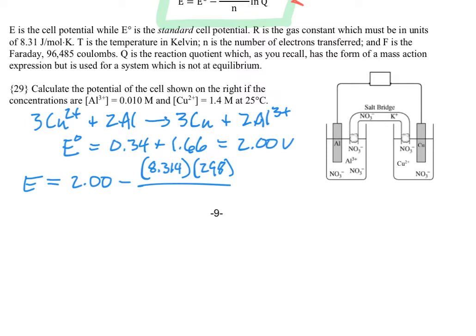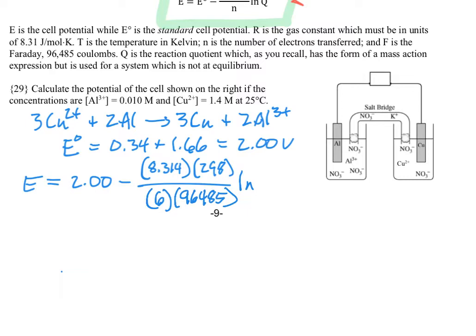And of course, in a balanced redox reaction, the number of electrons that come out of the oxidation also goes into the reduction. So I'm going to divide this by 6 and then multiply it by Faraday's constant, 96,485 coulombs. Now we need to multiply this by the natural log of the reaction quotient.